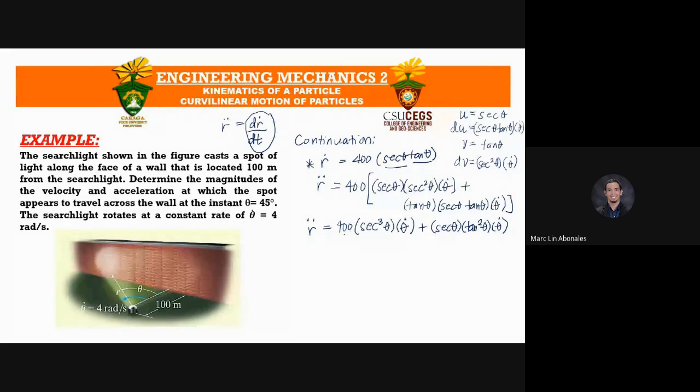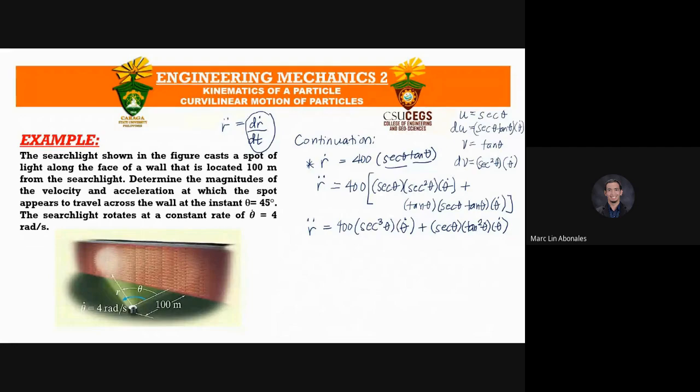At yung 100 times secant theta, this is its second derivative. Actually, for time derivatives, ang kutob lang niya is second derivative lang. Wala na siya third, fourth, fifth, or etc. So kung time derivatives or that notation na gitawag nato na na-dot sa taas, kutob lang siya second derivative.